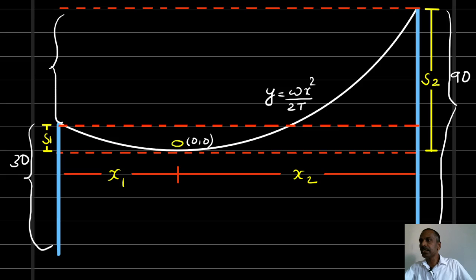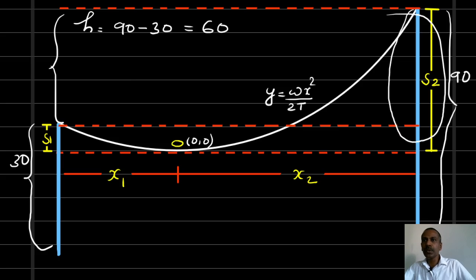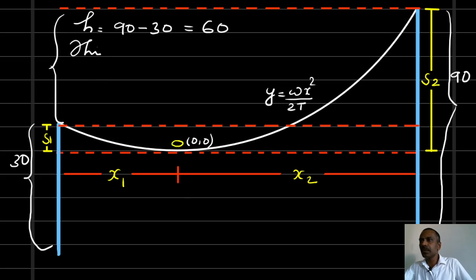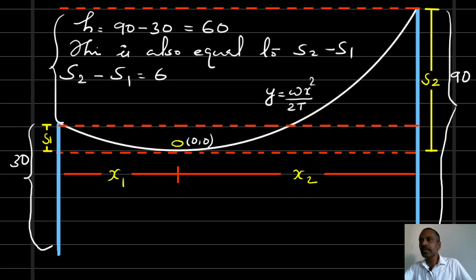So this distance h is equal to 90 minus 30, which is equal to 60 meters. This is also equal to S2 minus S1. So we can write S2 minus S1 is equal to 60.